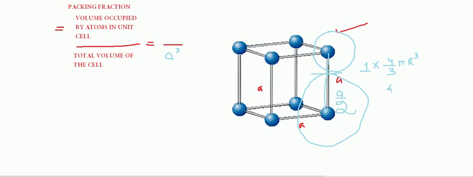So what will be this value? It will be 4 by 3 pi, and what was r? r was a by 2 whole cube. So this value we put here, which is 4 by 3 pi, so we get a cube divided by 8, because 2 to the power 3 is 8.